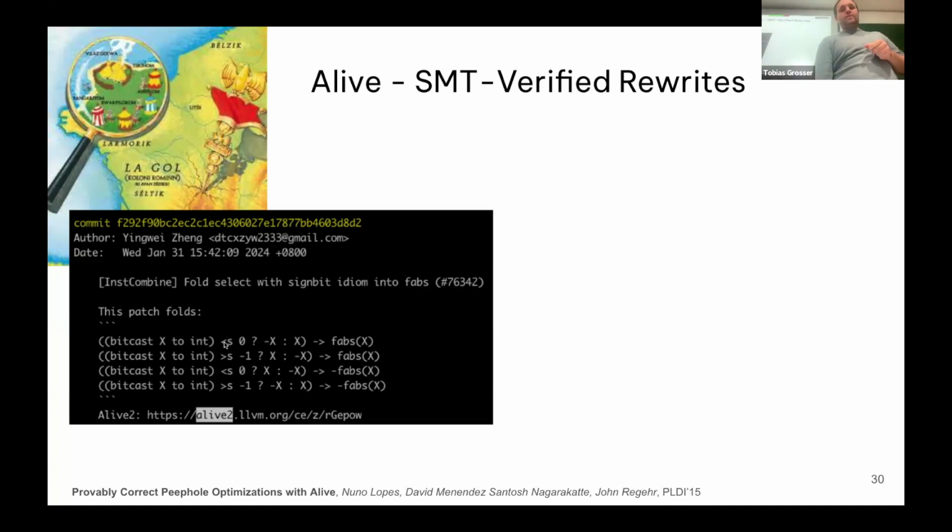So localized rewrites that, for example, here take a bitcast from x to int with a sign comparison, selecting if it should be positive or negative, and you realize it's pretty much just computing the absolute value of x. And so someone, Yingwei Zheng, in January this year, figured out this is an optimization that improves performance.